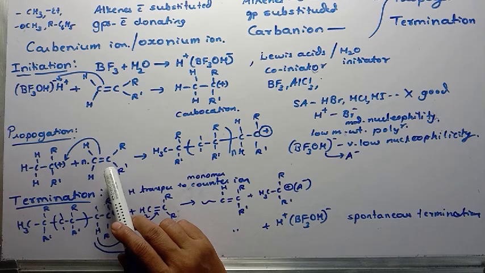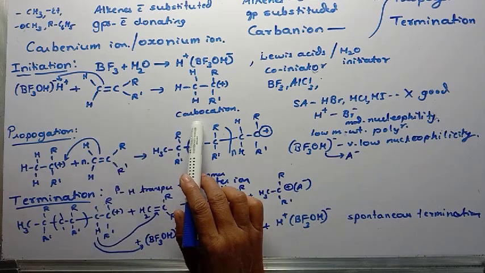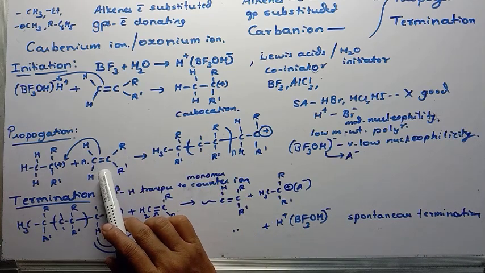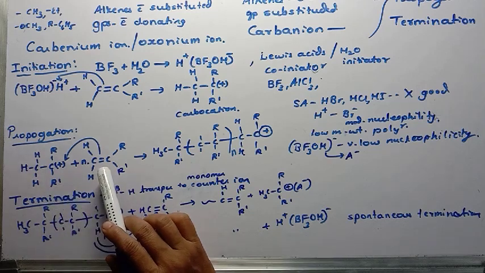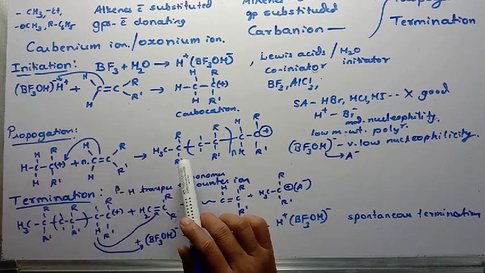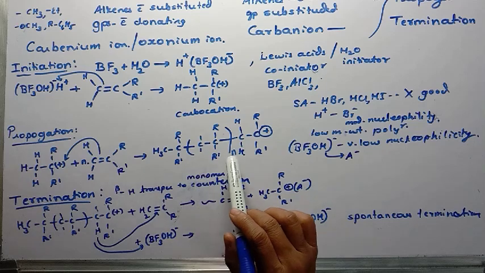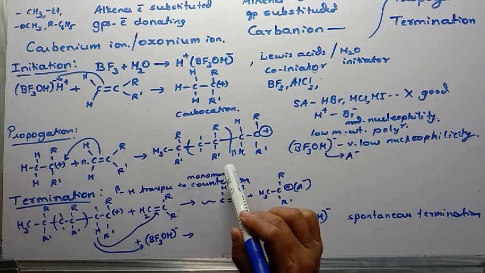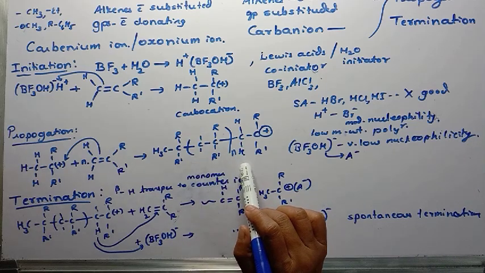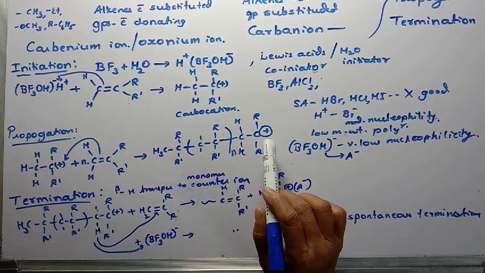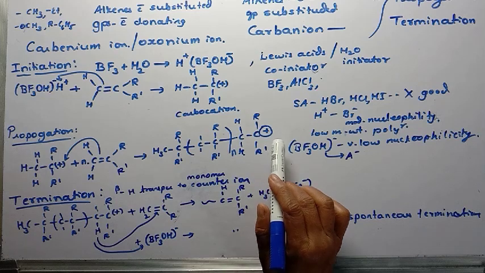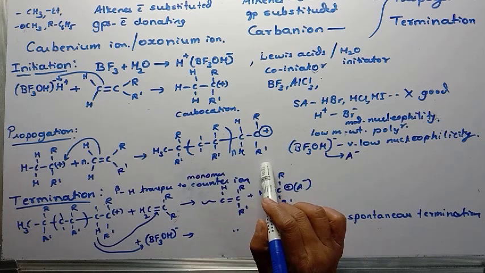There is a continuous, successive addition of monomers to the newly forming carbocations, so the chain lengthens and you get a macromolecular carbocation. This is the propagation step.